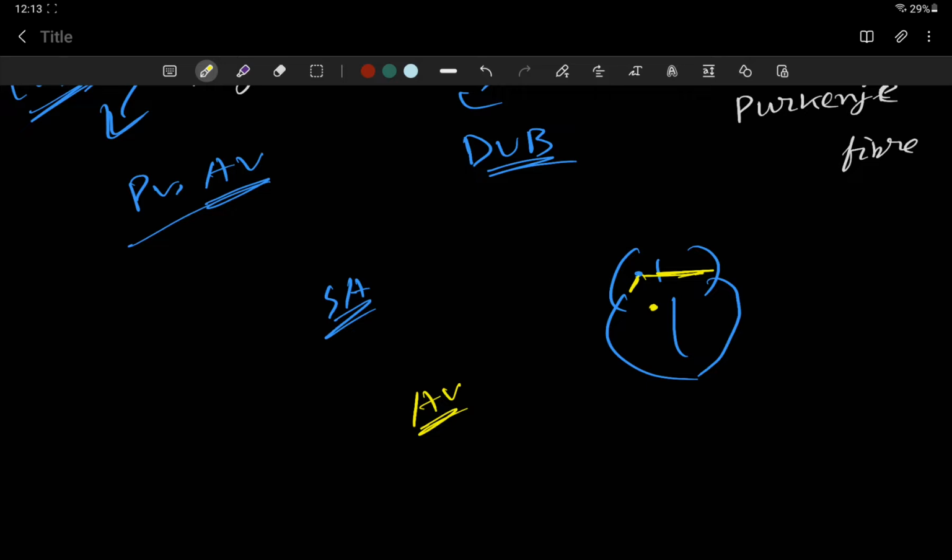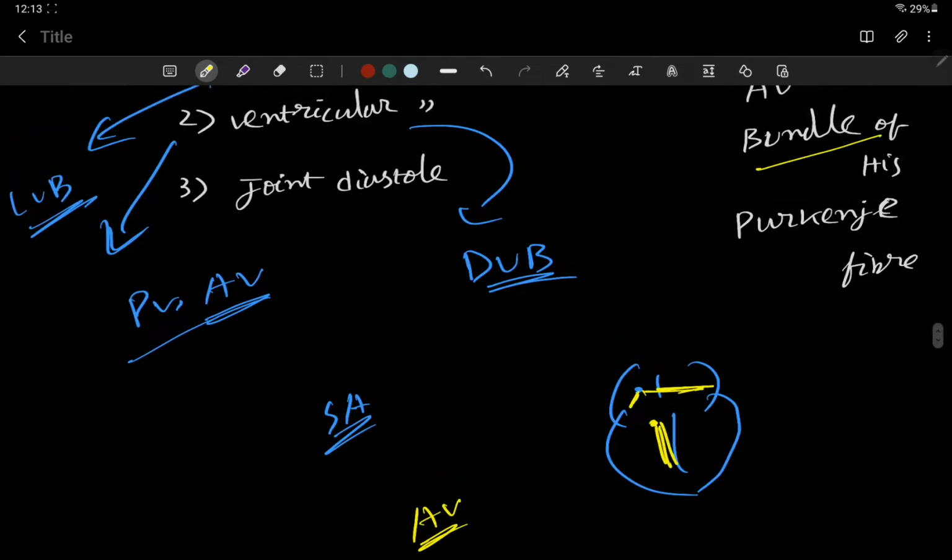This AV node will pass the signal for pumping, that means the depolarization signal. It will pass via a bundle of nerves. This is called the bundle of His, and this bundle of His will be divided into smaller fragments, and it will cover the whole wall of ventricles via Purkinje fibers.